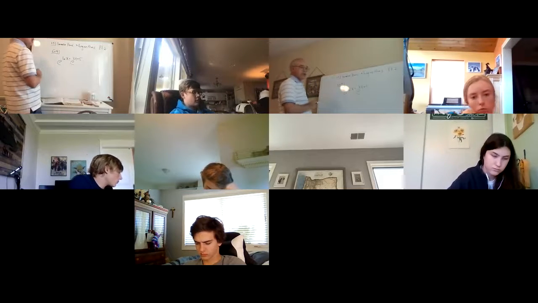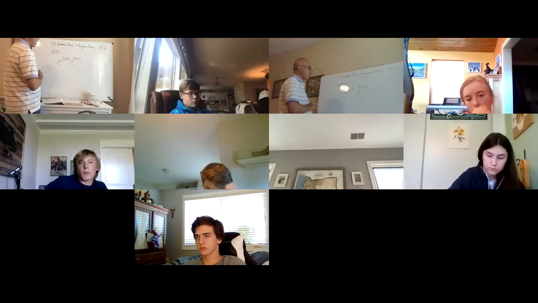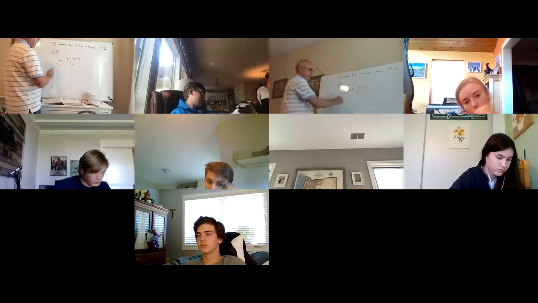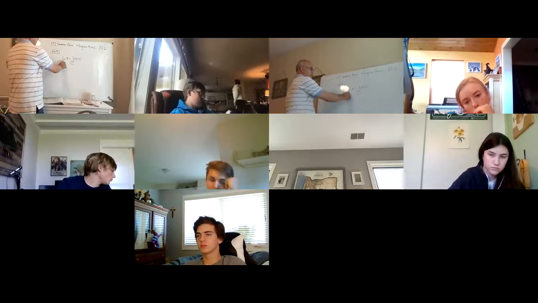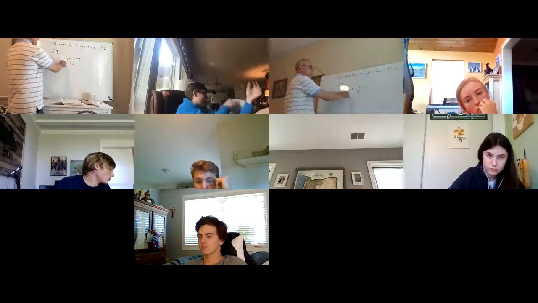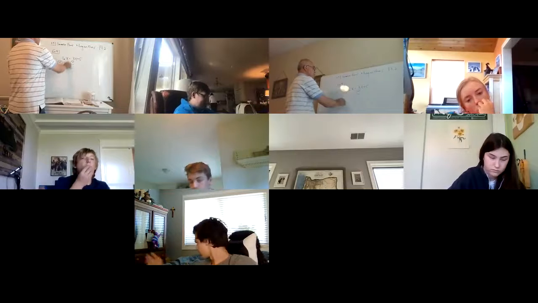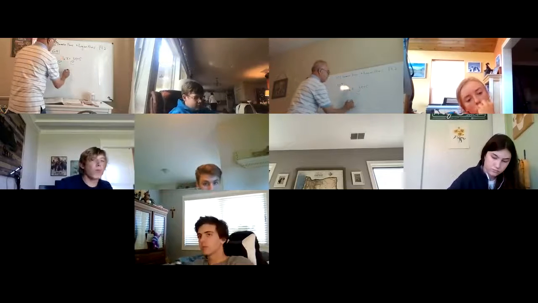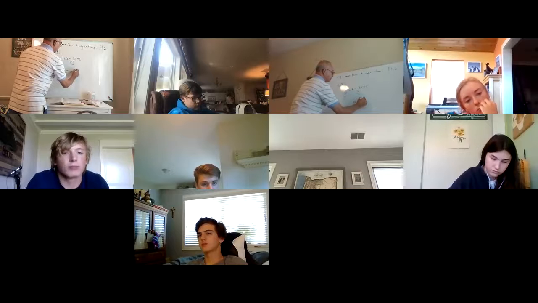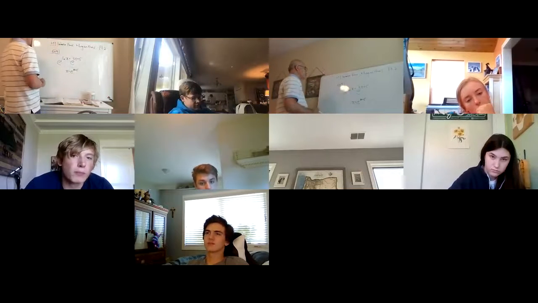Why am I using e here? Can anybody explain to me why I'm using e? Doesn't it go with the natural log? Yeah, because I have a natural log here, right? So this guy over here becomes x, and that's your answer.